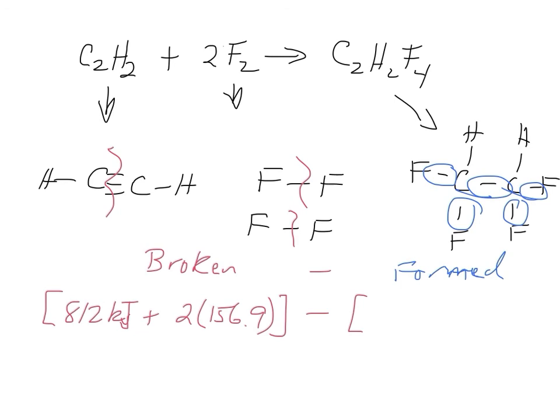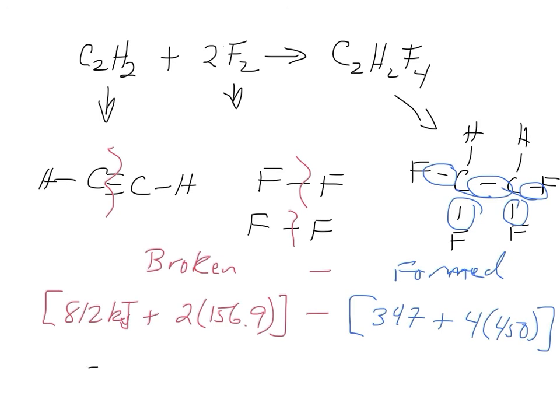So what was 1 carbon to carbon single bond? And then what was the carbon to fluorine bond? 450. So 812 plus 2 times 156.9 minus 347 plus 4 times 450.